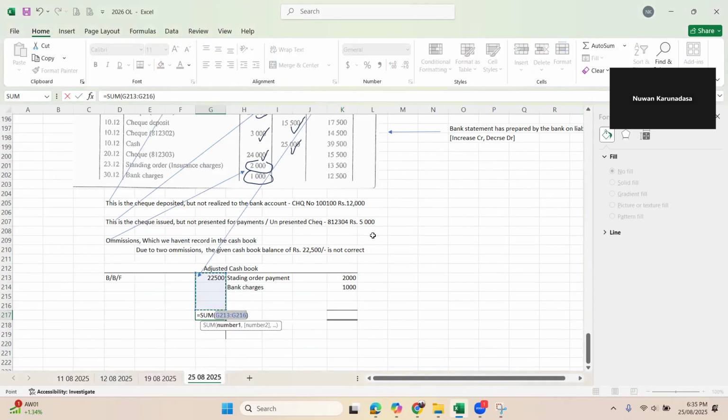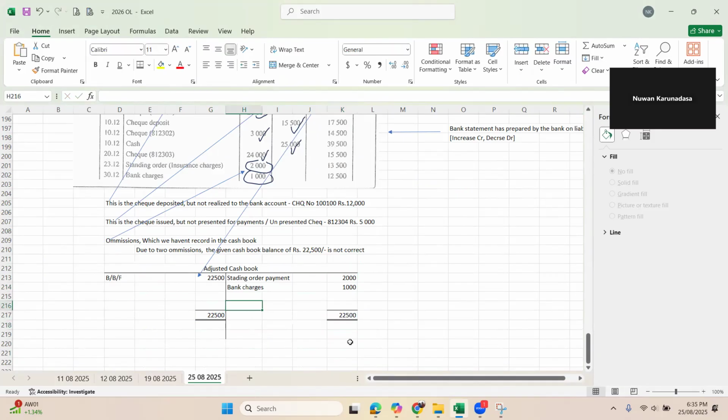Here the bigger balance is 22,500. Bring the same here. Then the balance will be the adjusted balance carried down. How do you find it? 22,500 minus 2,000 minus 1,000, then you find 19,500.